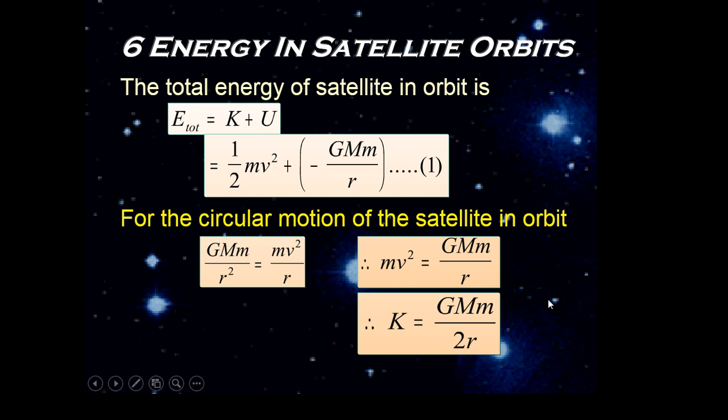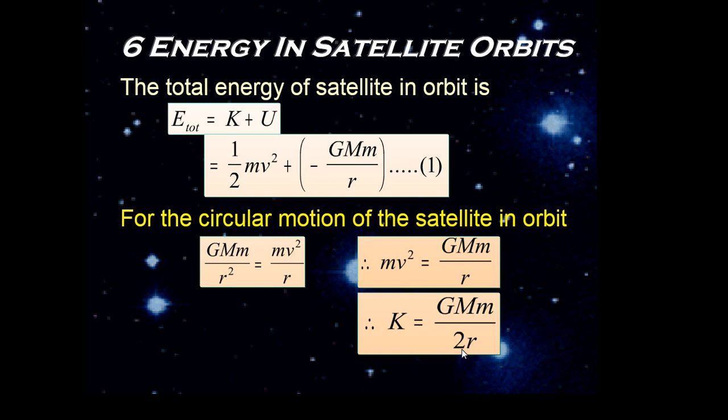What can you say about them? The signs are different. One is negative, one is positive. What about the magnitude? The kinetic energy is always half of the magnitude of the potential energy. Which means the total energy is what? The total energy must be exactly half of the potential energy in magnitude, because you have -1 plus half.